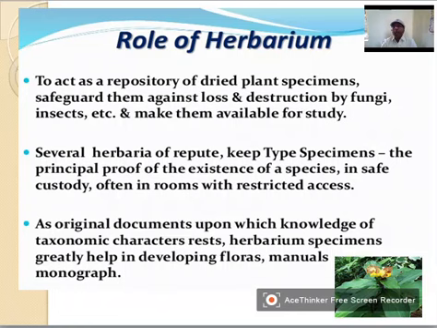Several herbaria of repute keep type specimens, the principal proof of the existence of a species, in safe custody, often in rooms with restricted access, as original documents upon which knowledge of taxonomic characters rests.